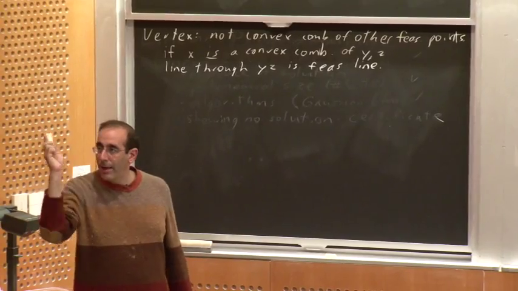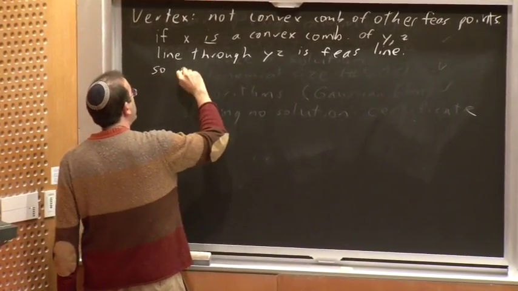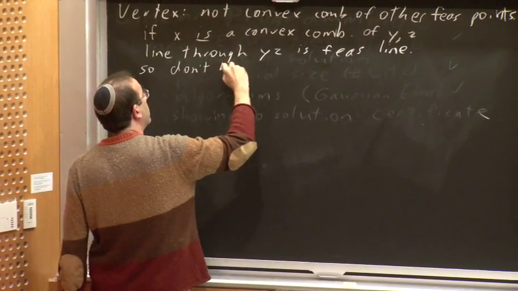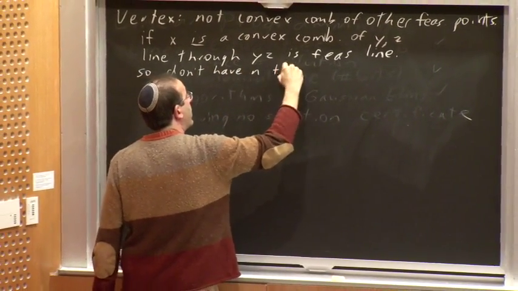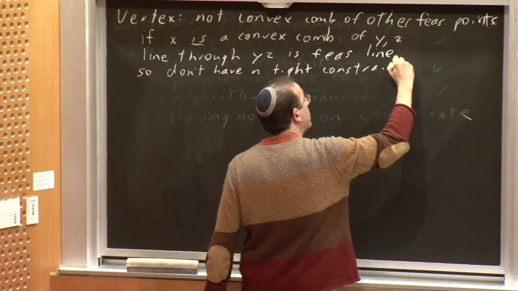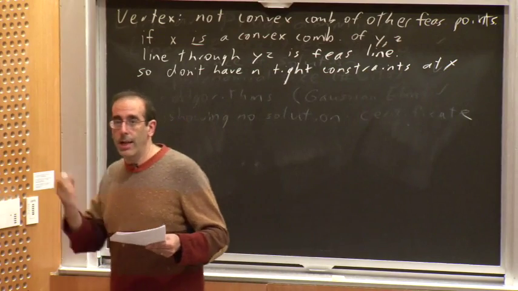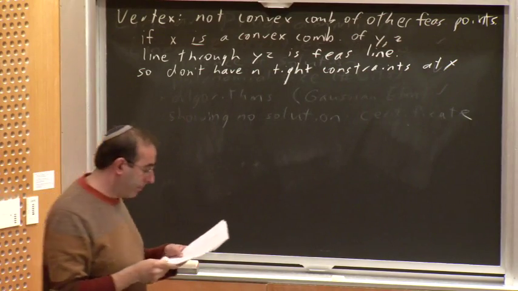All the points on that line from y to z are feasible, right? So we don't have n tight constraints at x, because if we had n tight constraints at x, then this line would not be feasible.